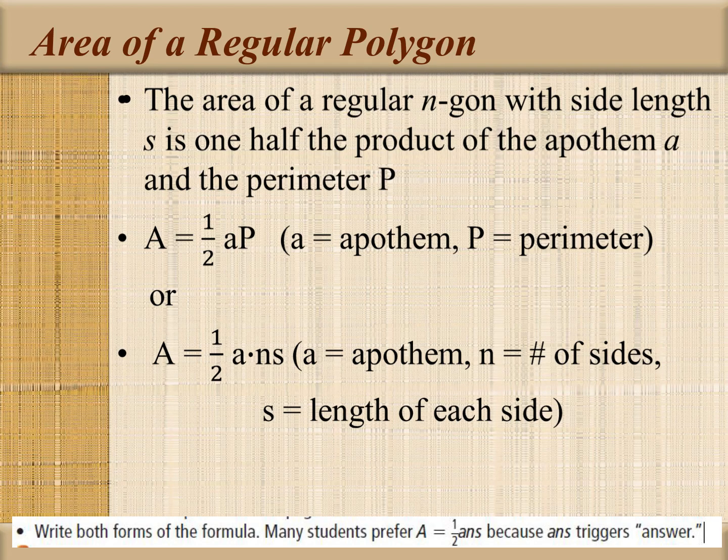Okay, we have two formulas, okay? It's area equals 1/2 times the apothem times the perimeter. But more importantly, we're going to be using the second one, which is 1/2 times the apothem times n times s.